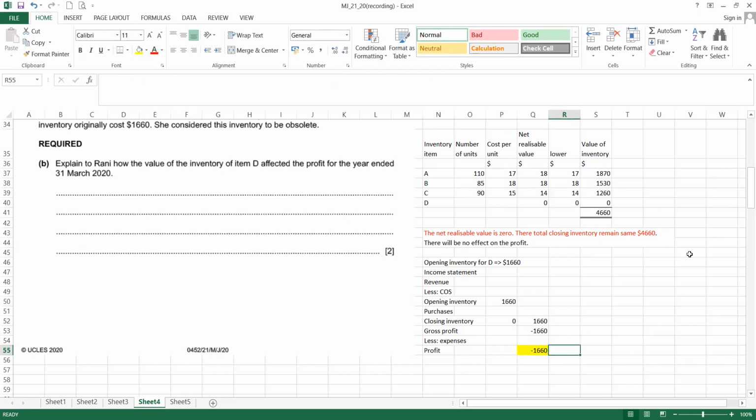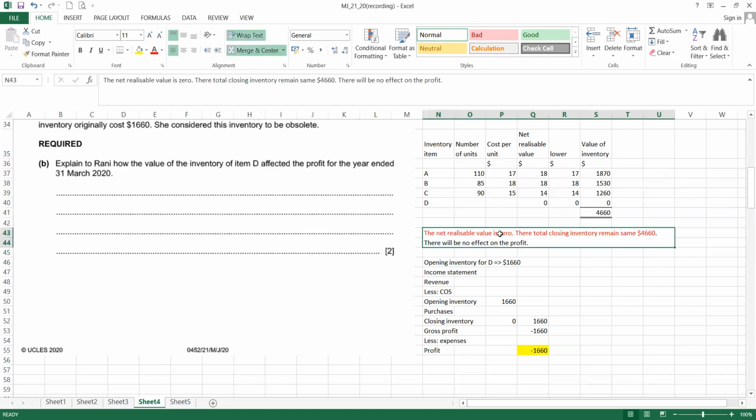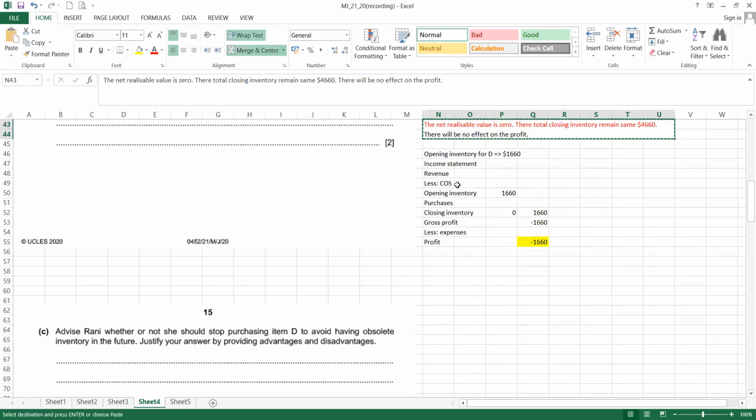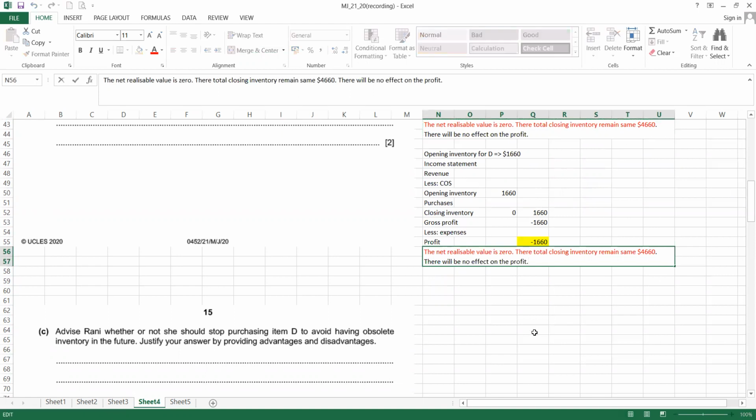So the last sentence, they say that there will be no effect on the profit, which I don't really agree. Based on the situation, the accounting concept here, to me, the total closing inventory remains the same, 4,660.